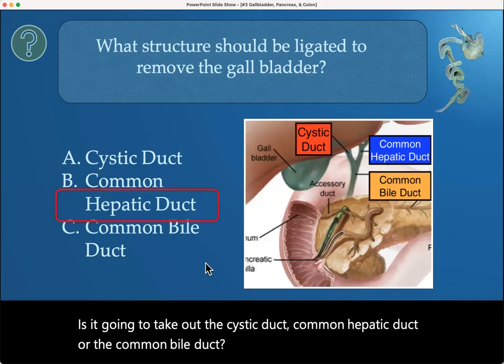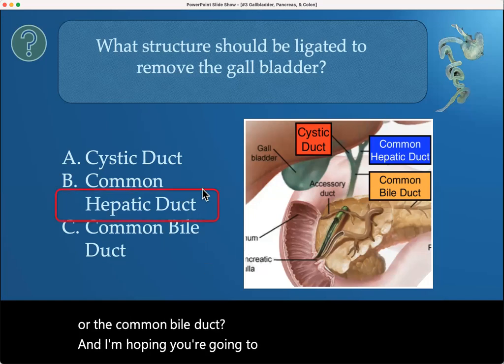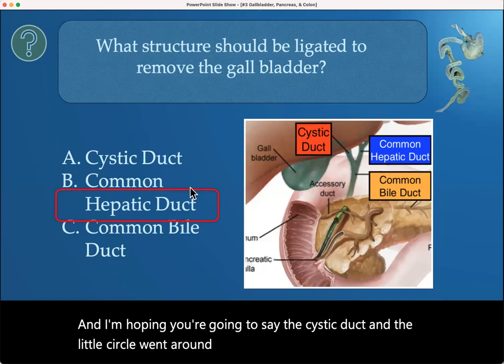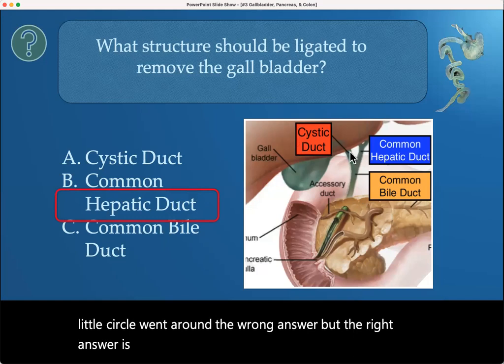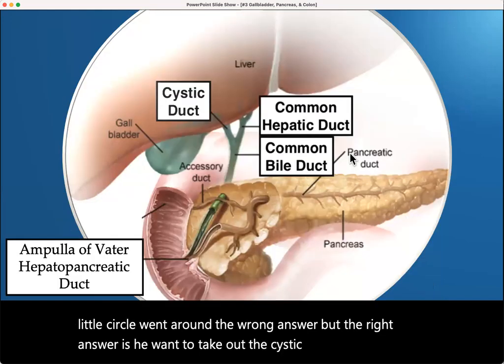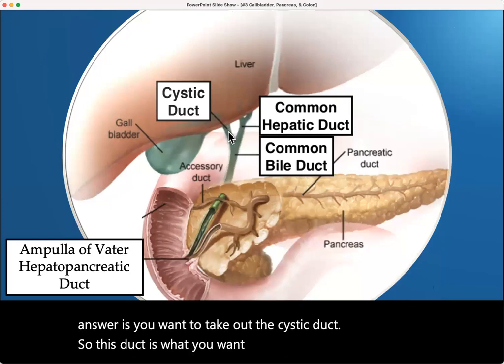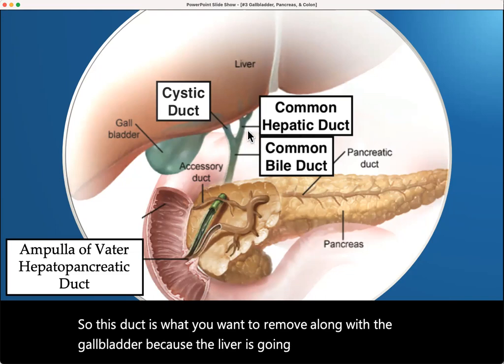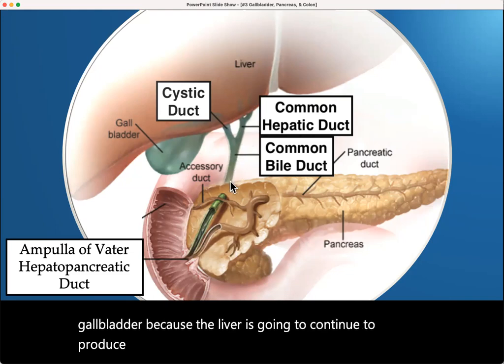But the right answer is you want to take out the cystic duct. So this duct is what you want to remove along with the gallbladder, because the liver is going to continue to produce bile, and that bile is going to come down the common bile duct into the duodenum.